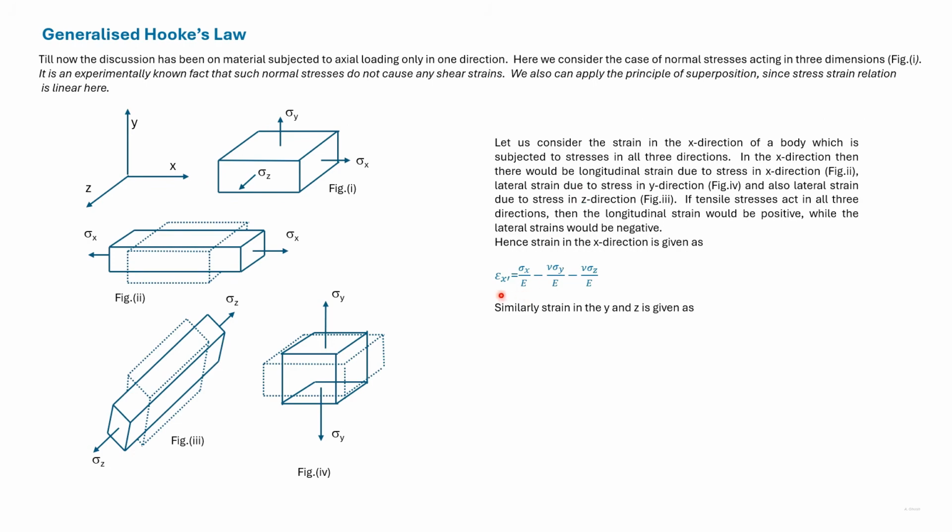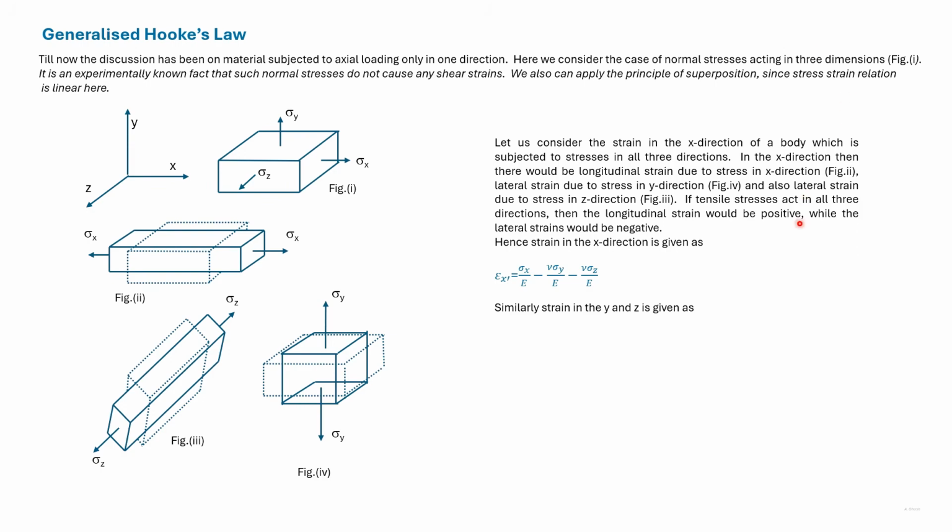Hence, if the total strain in the x direction is epsilon x dash, then epsilon x can be written as sigma x by E minus nu. Epsilon y can be written as sigma y by E, and similar with z.